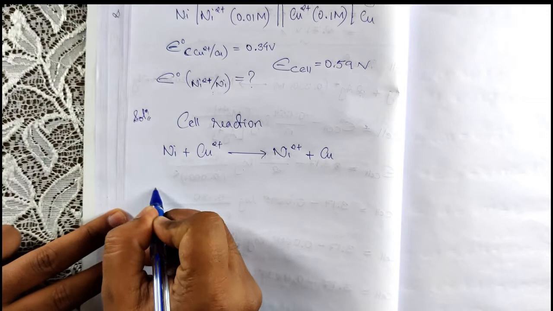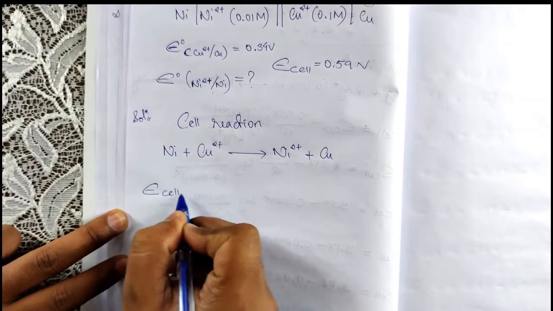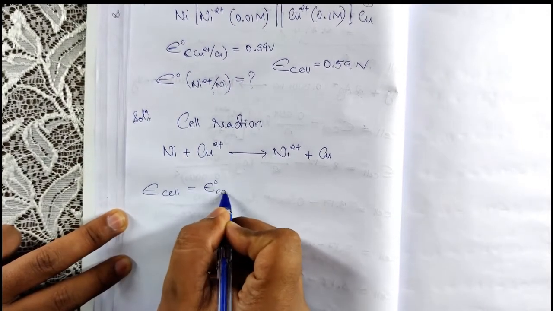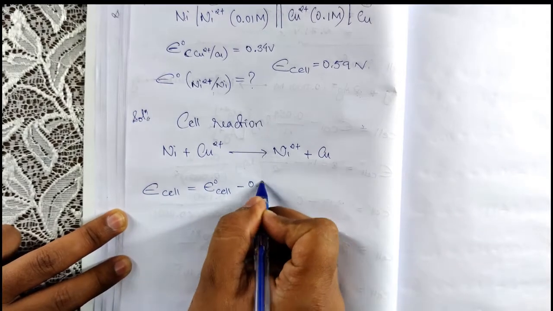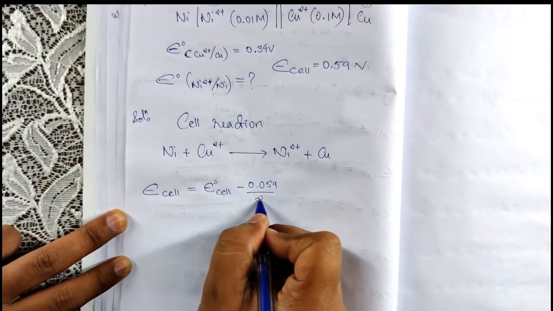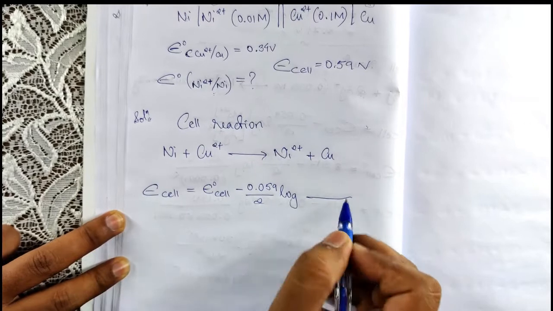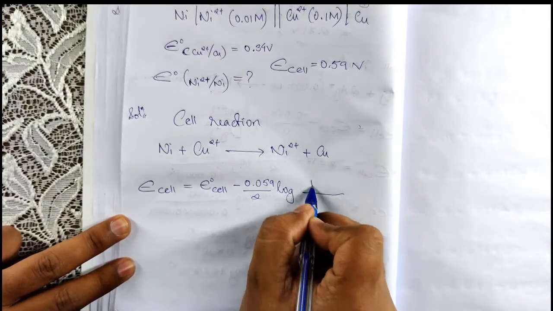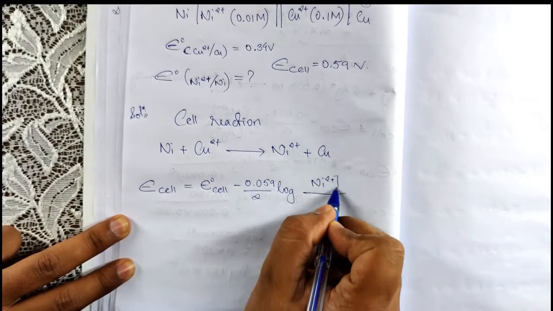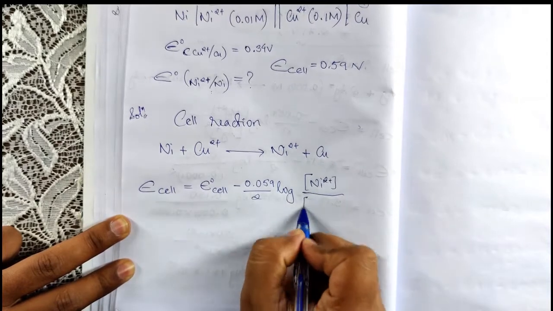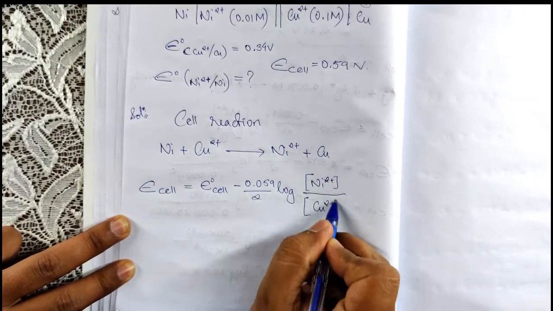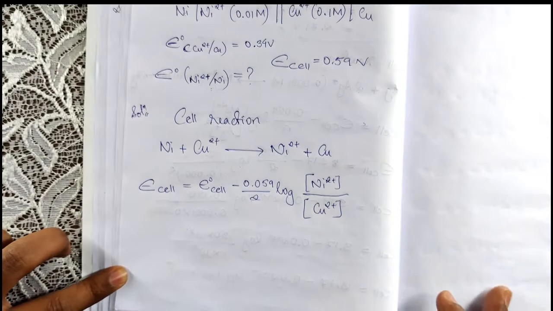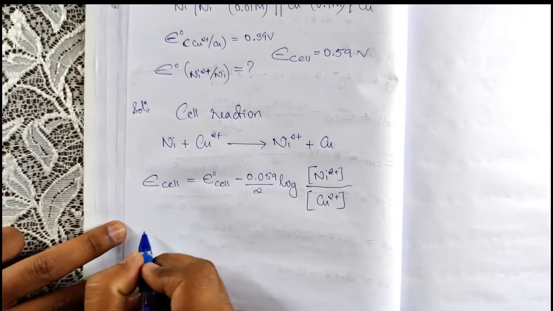Now using the Nernst equation, we have E cell is equal to E naught cell minus 0.059 by n, log of product by reactant.